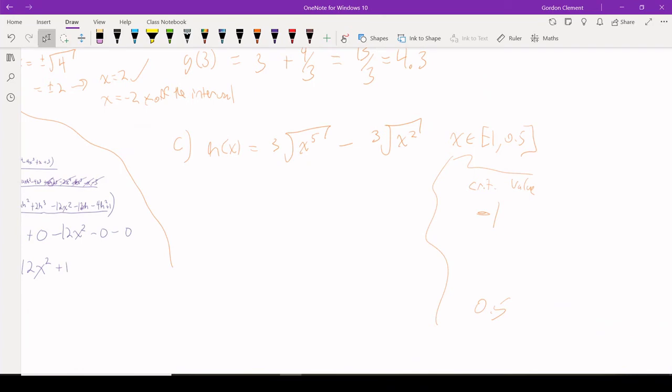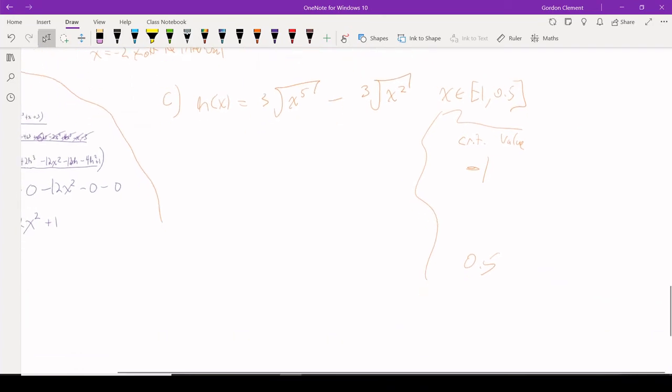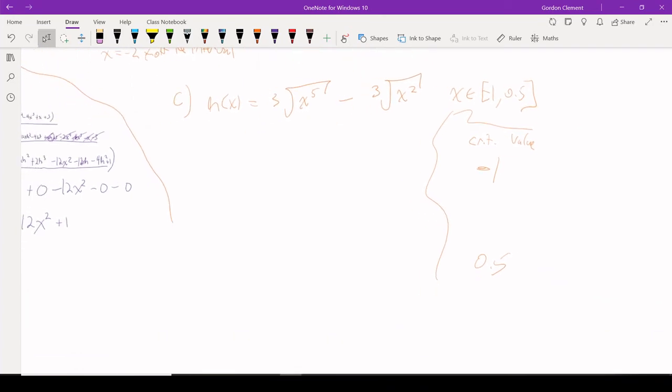All right, so we're ready to move along onto this one. Our last one for today. So I've written down my 2 endpoints so that I don't forget those. Now, how would I deal with these cubed roots to get my derivative?